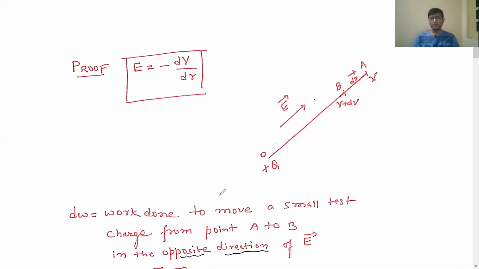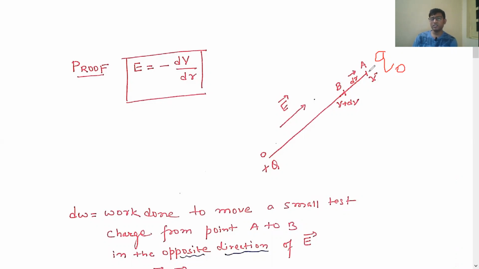Now first of all, we will try to find out the work done to carry a small test charge, or unit positive charge, from the point A to B. As shown in the figure, the electric field is acting away from the charge plus q at the point O. But that small q naught charge is placed at A. Let us draw the q naught charge here.